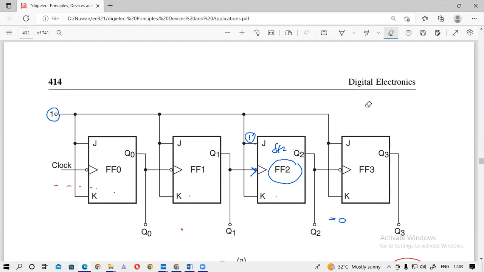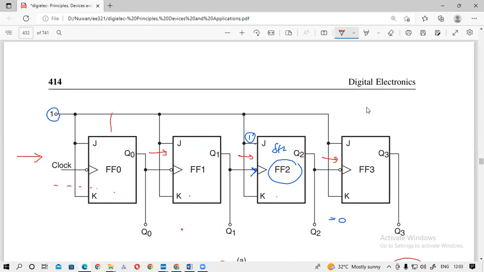We already saw that the clock is input from here, and it goes serially to here, to here, and to here. You can see that at these flip-flops there will be a little processing time.